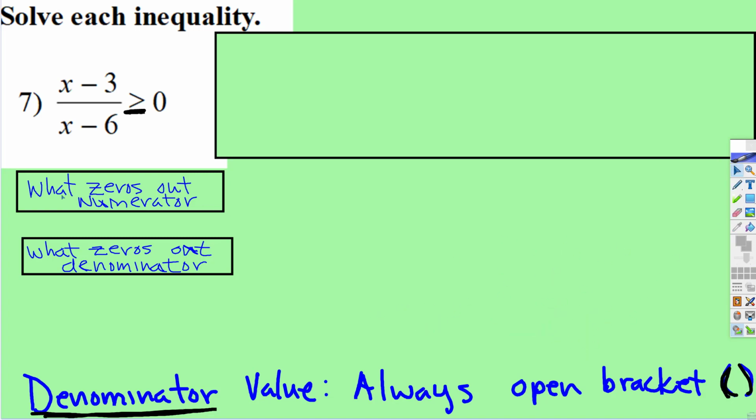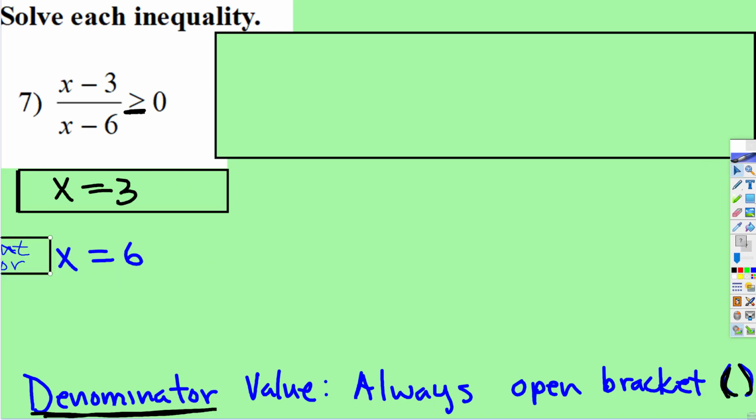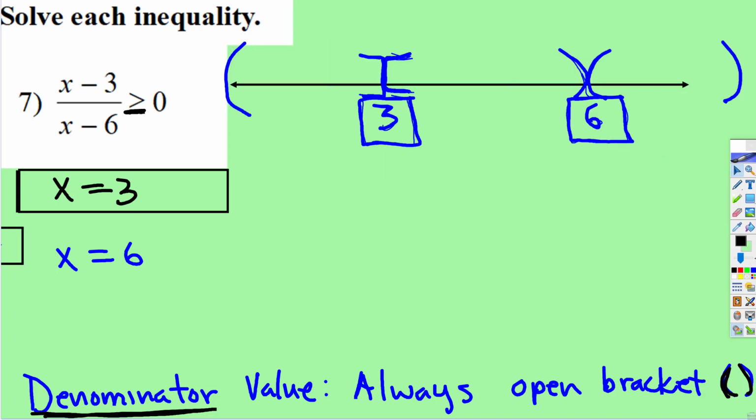So first thing you do is you find what zeroes out the numerator. Well, I locked that, so I will do this. X is equal to 3. And you find what zeroes out the denominator. X is equal to 6. And you go ahead and set up the number line. Now this is solid right here.